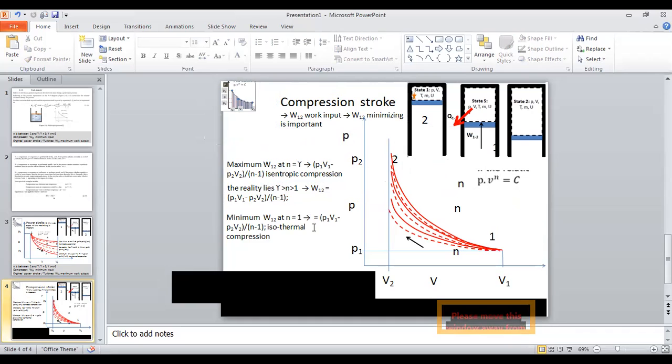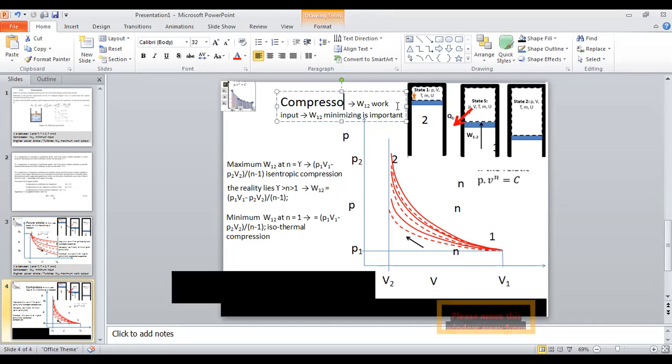So for the compressors, instead of compression stroke, let's say compressor work.